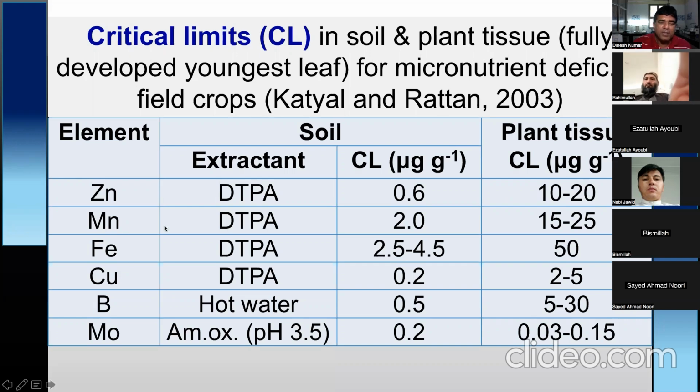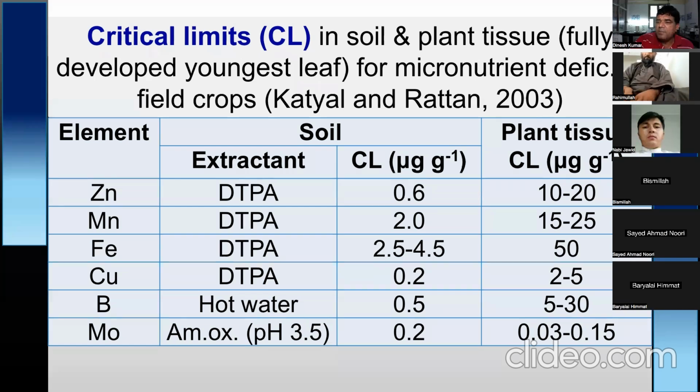Similarly, for manganese, DTPA is the extractant, and 2 ppm is the critical limit in soil. Means if your manganese in soil is less than 2 ppm or 2 microgram per gram, it will be considered deficient. In plant tissue, similarly, if it is 15 to 25 ppm, it will be considered deficient. Next is iron.